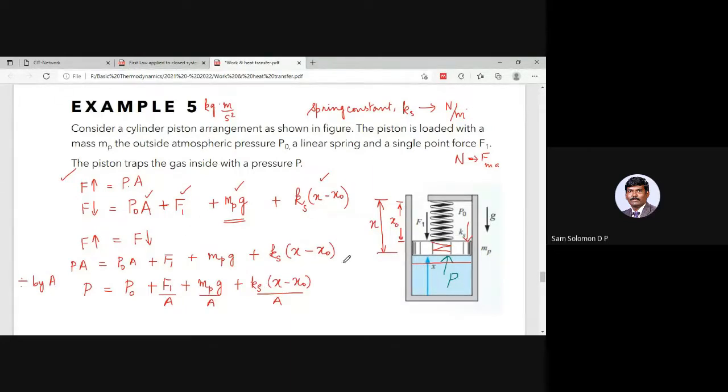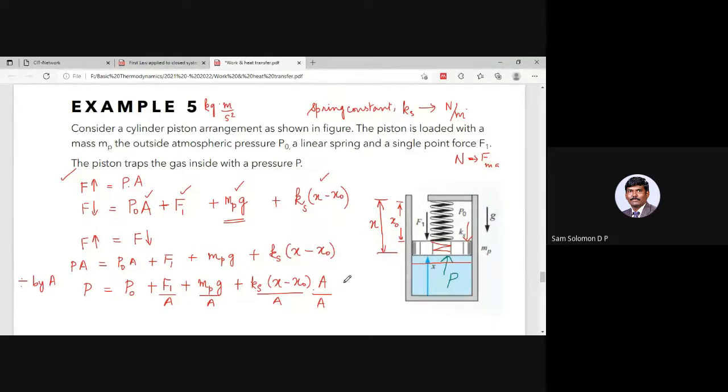Now I'm going to do a simple alteration over here, wherein for the last term, I'm going to multiply and divide by area of the piston. We all know this A everywhere is area of the piston. When I multiply and divide by A, it doesn't affect the mathematical equation.